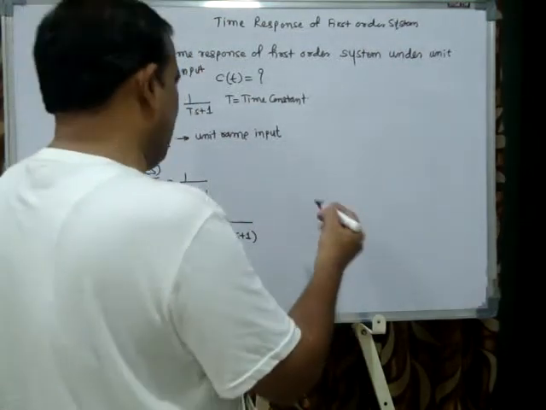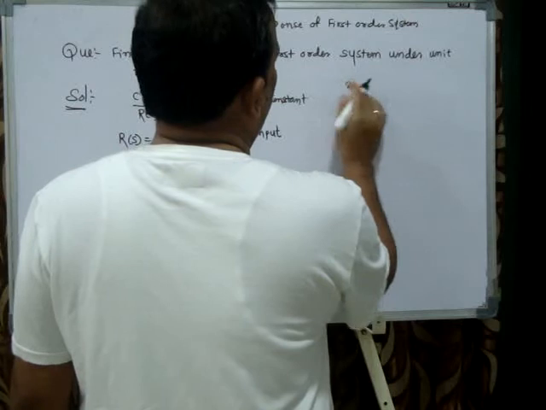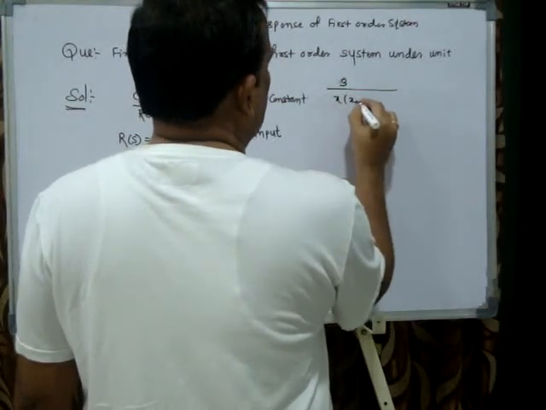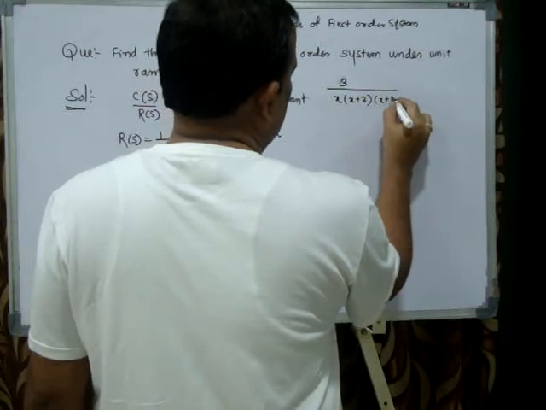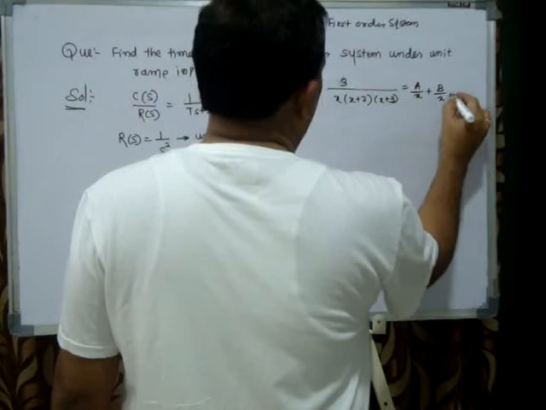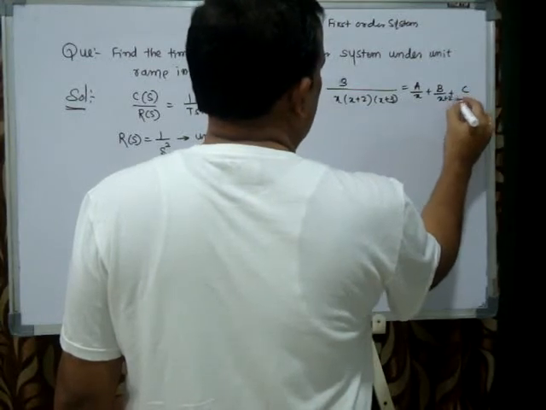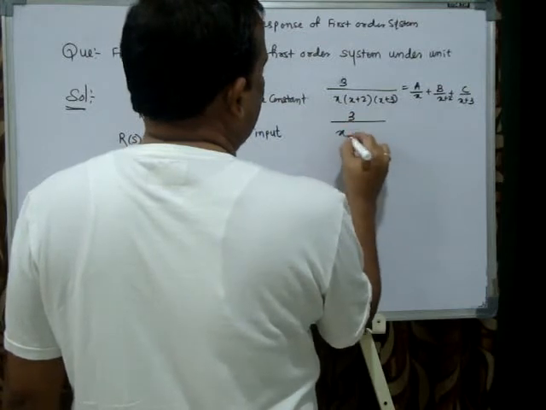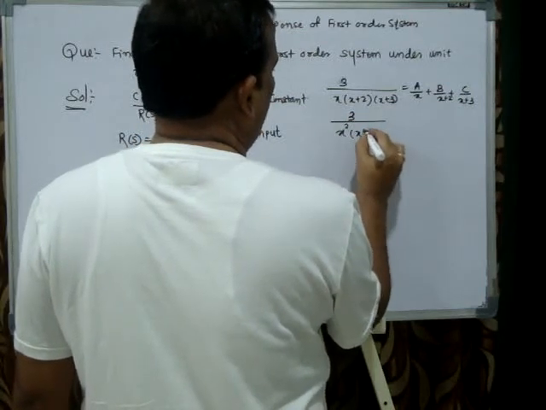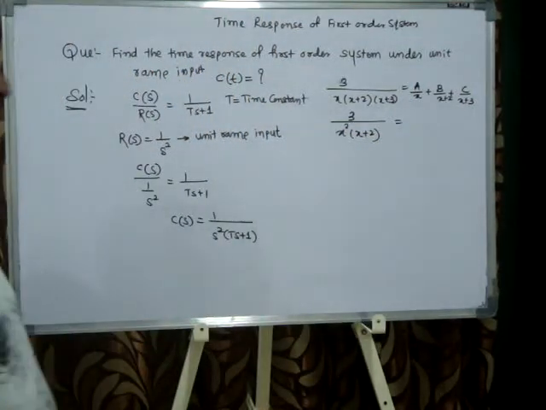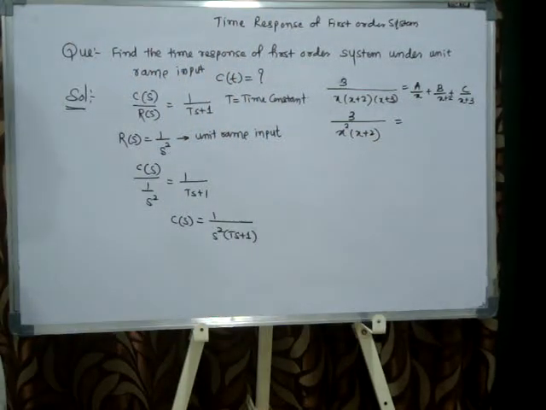By using partial fraction. So there are three formulas for partial fraction. For example, suppose x plus 2, x plus 3. The highest power of x is 3, so that 3 constants. So A, B, C are 3 constants, x plus 2 and x plus 3. Suppose if it is x plus 2, x square plus x plus 2, then the highest power of x is 3, so that 3 constants are required.